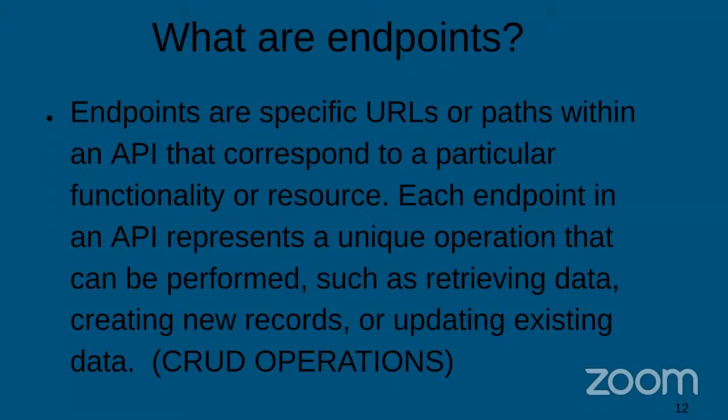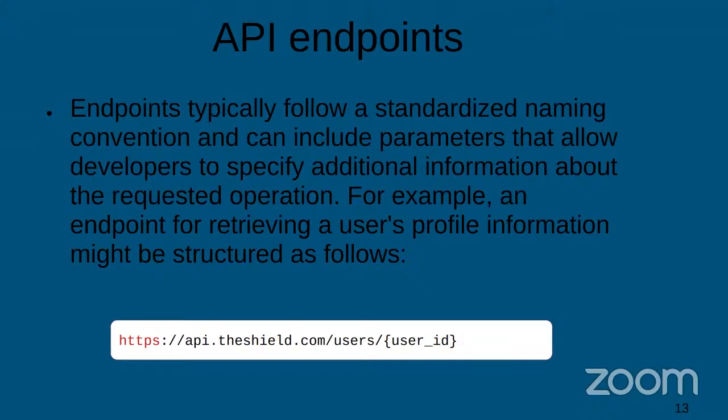API endpoints are there to help in updating records or creating new ones. Here's a sample of an endpoint: you have the API, the endpoint, and it gives access to the users, and then you have the user ID. Maybe you can have user ID 1, 2, 3, depending on the number of users in your system.